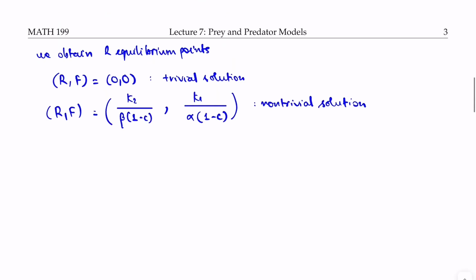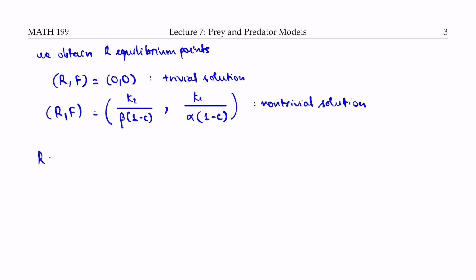So the term r equal to k2 over beta times 1 minus c can be explained as the prey population or the rabbit population that is influenced by the balance between how quickly the predators die, at the rate of k2, and how efficiently they grow from consuming prey, with the rate of beta. Now this result is adjusted by the refuge term of 1 minus c.